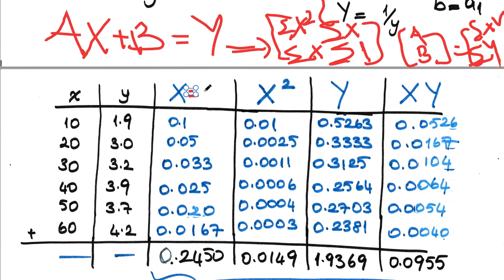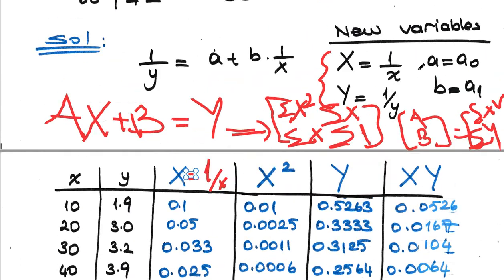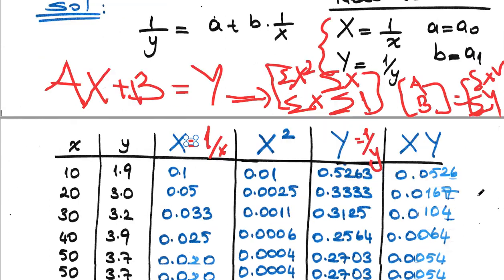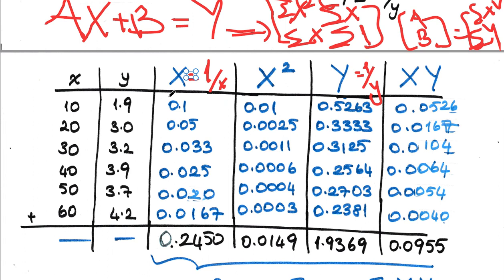But here they are not the same: my big X will be 1 over small x, and big Y is 1 over small y. So I am creating the 1 over x version point-wise, and taking the square of my big X. Do not forget this big X.